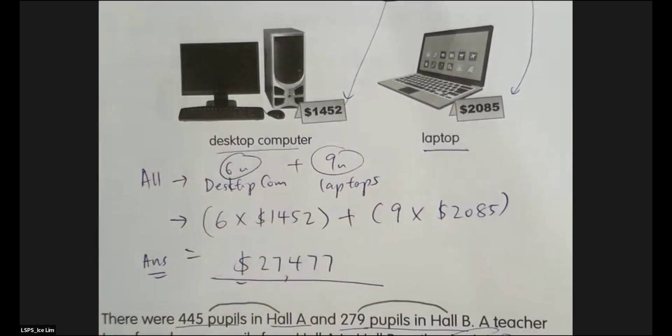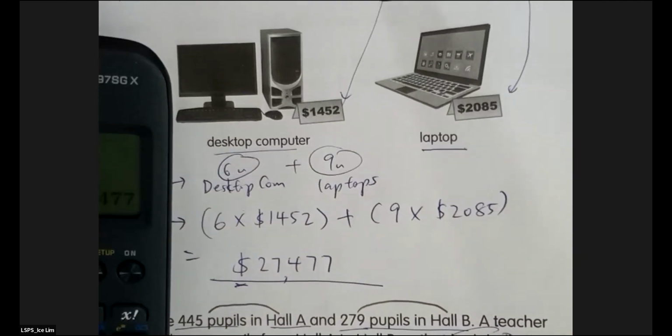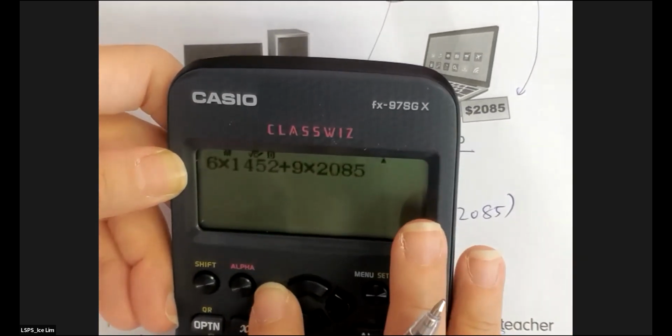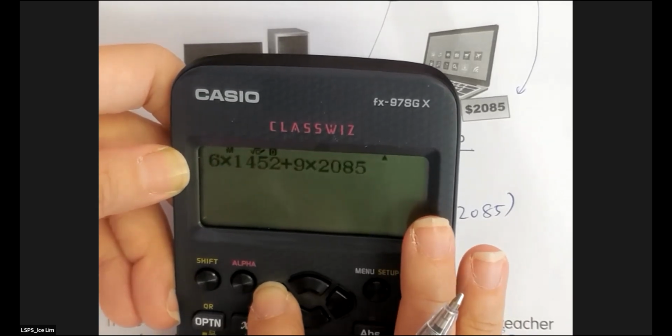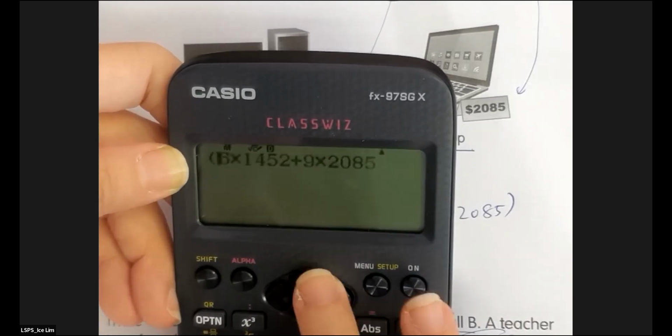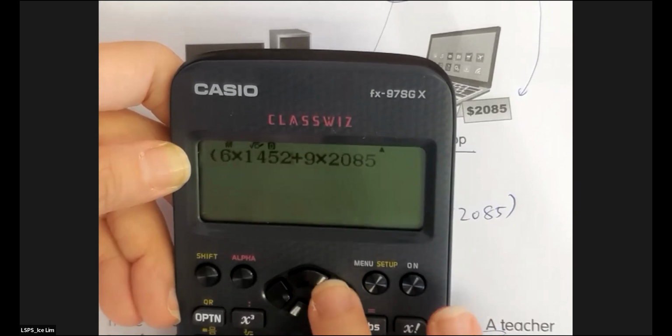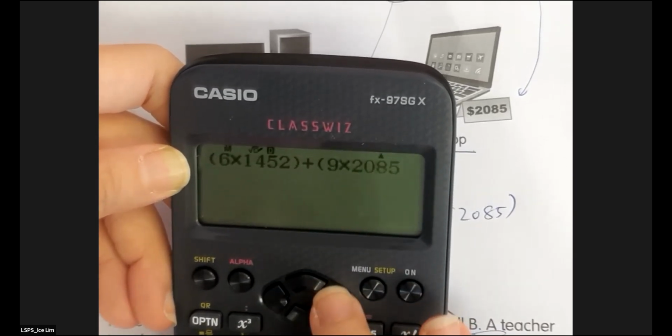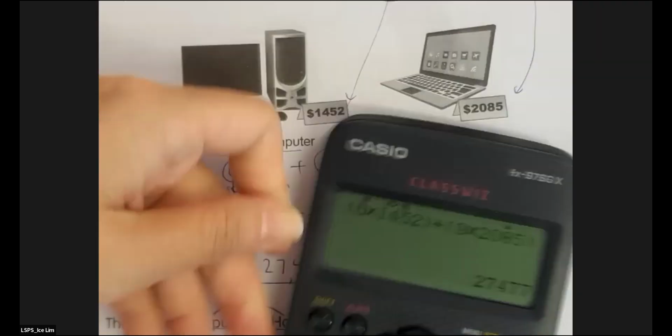Check for units, 27,477. I didn't put brackets here. If I put brackets, do you think you'll give the same answer? Okay, I put bracket, just as I wrote, close bracket, open bracket, close bracket. Same answer. How come?